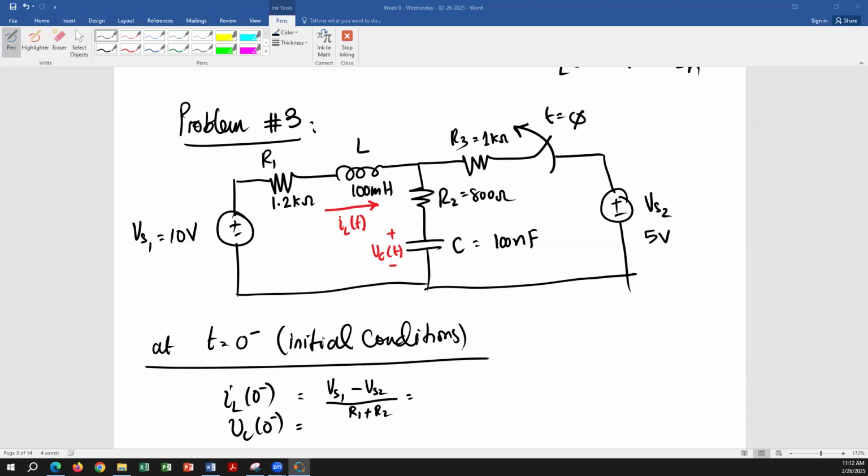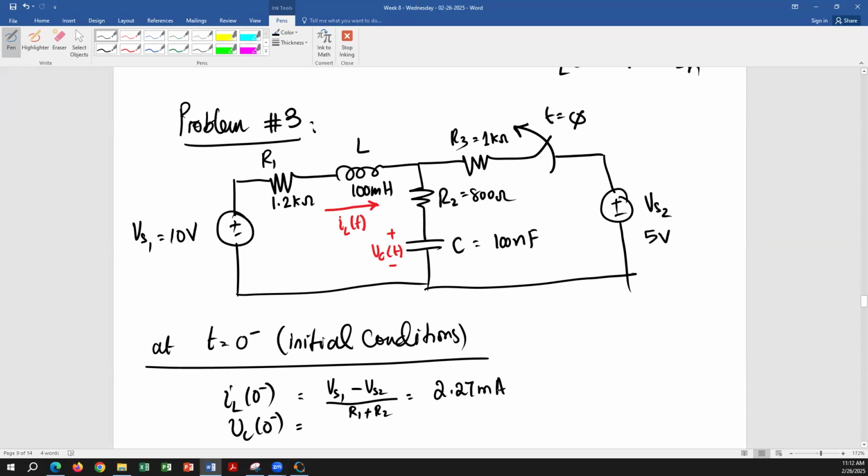Okay, so IL0 is Vs1 minus Vs2 divided by R1 plus R3. 2.27 milliampere.